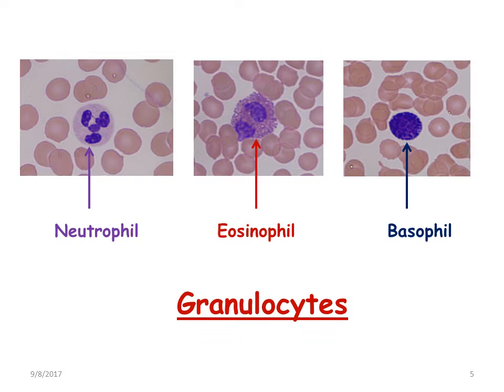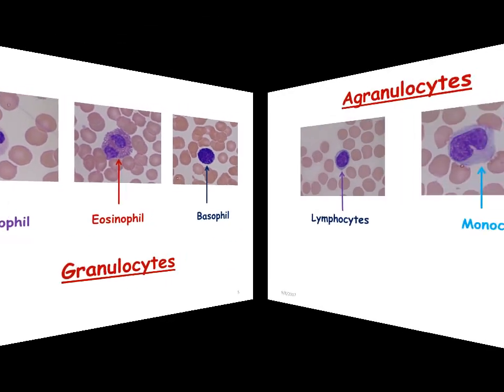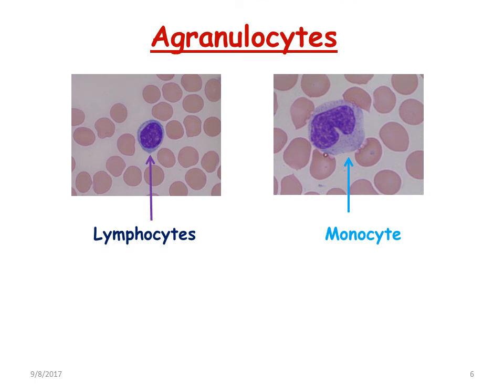Next one is the basophil. As you can see, it contains a nucleus, but the nucleus is masked by the granules because they pick up the same color of stain, that is bluish black. Then among the agranulocytes, again the RBCs are there, and you find the lymphocyte.